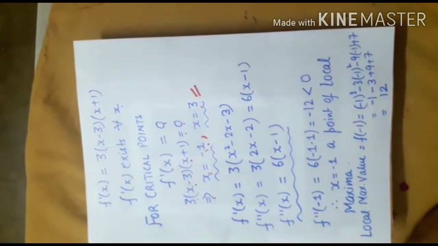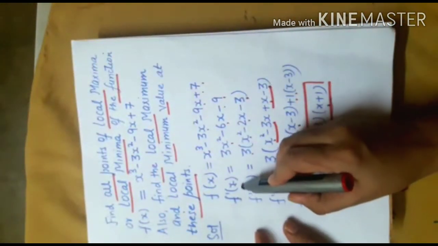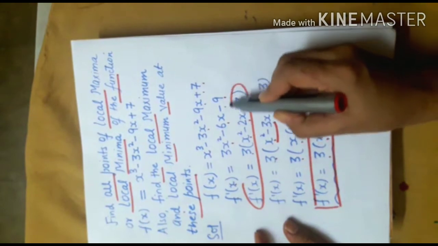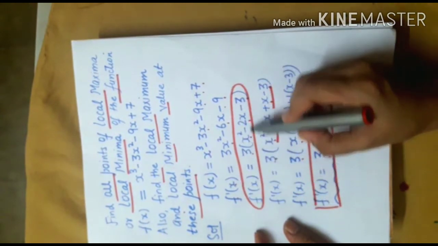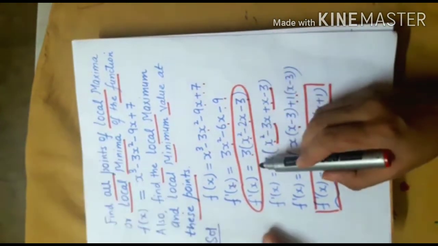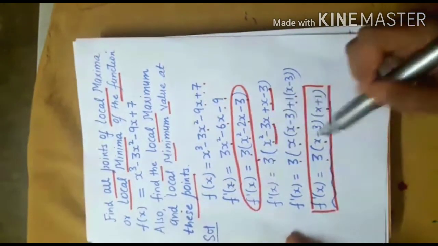So now I have to find the second order derivative. For that I will have to differentiate f dash x with respect to x again. Yes, f dash x is this. In this form it will be easier to differentiate. So I'll differentiate this with respect to x.